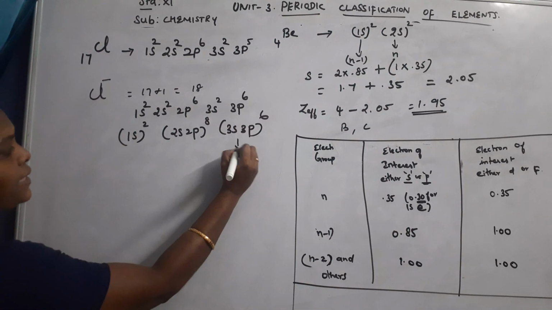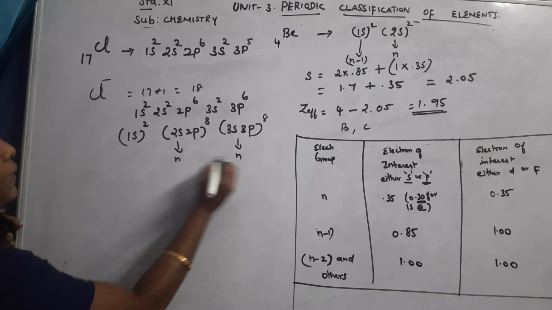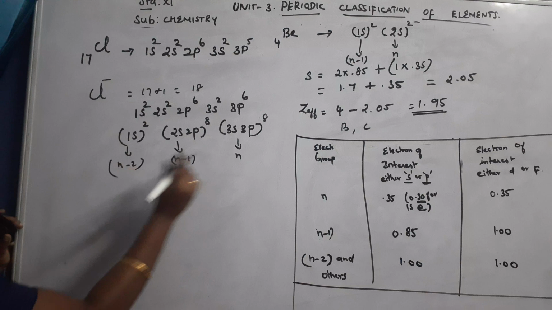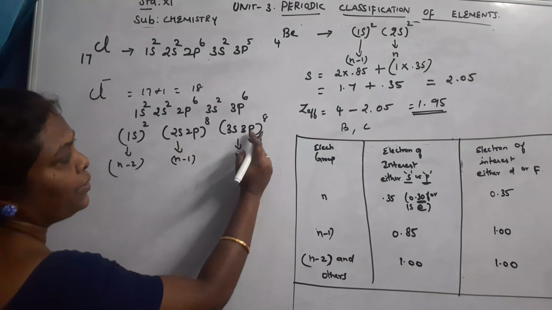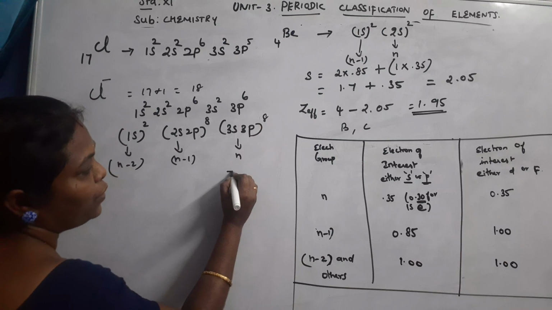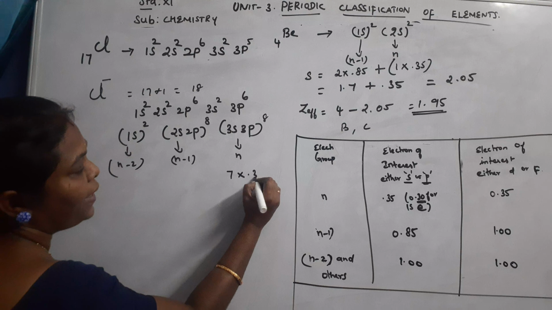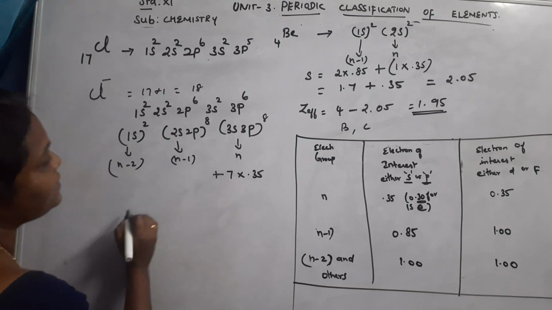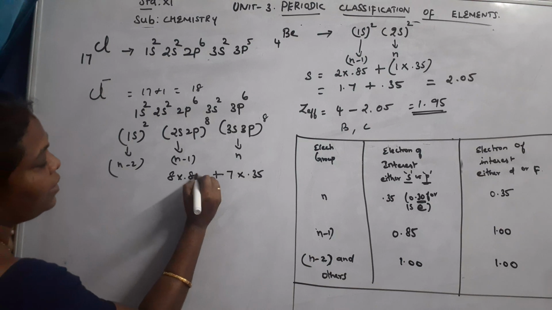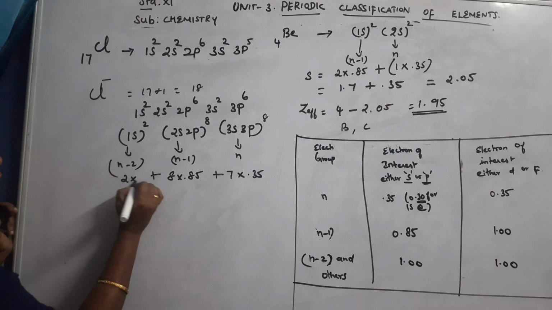Now this is the nth shell, 2 plus 6 is 8, so it is 8 in the n shell; this is the n minus 1 shell, and this is n minus 2. For calculating for the electron present in the 3p orbital, the remaining 7 electrons contribute to the shielding effect. So 7 into 0.35, plus here 8 into 0.85, plus here 2 electrons are there, therefore 2 into 1.